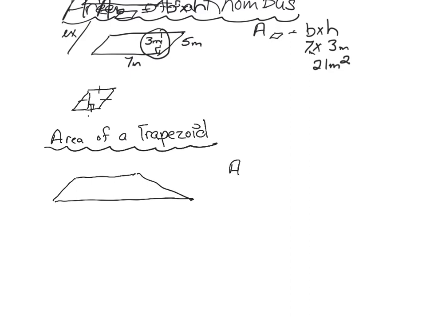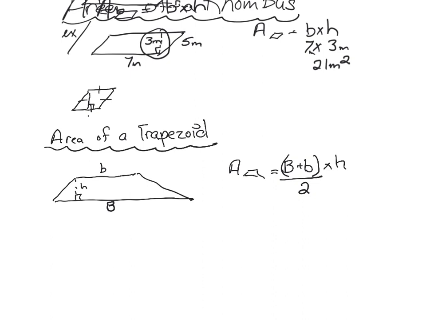The area of a trapezoid is, we're going to call this the base, but it's capital B because it's the big base, and then this is going to be small b because it's the smaller base, and these two are going to be added together and then multiplied by h, which is the height, and this is then divided by 2.